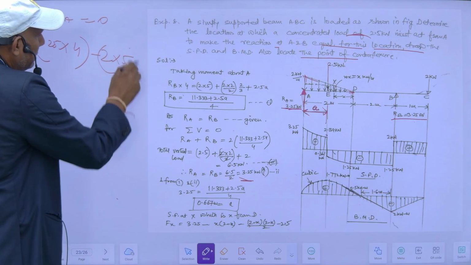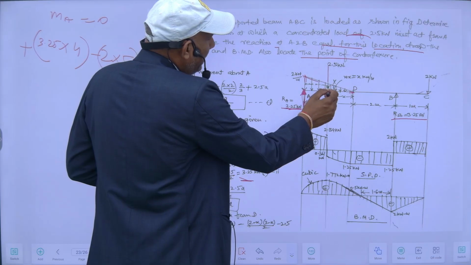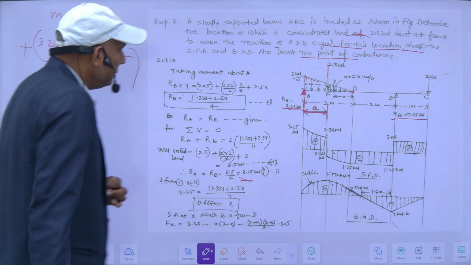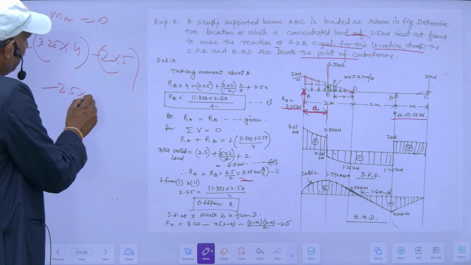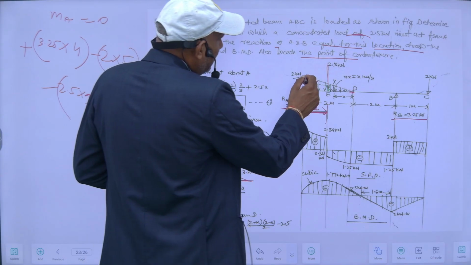It is hogging, and this will also be minus, 2.5 into A, minus 2.5 into A, and this will also be minus because of this triangle load.